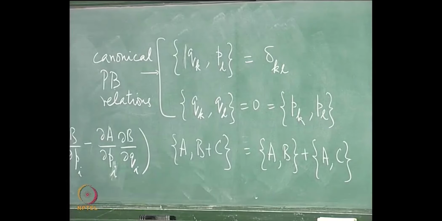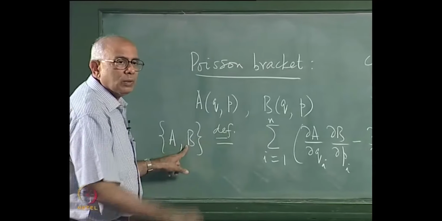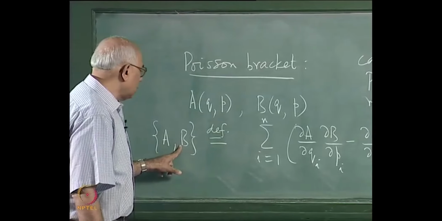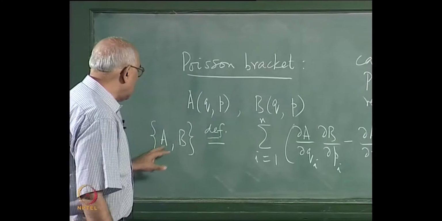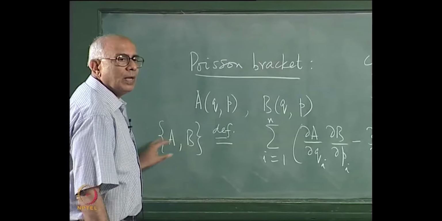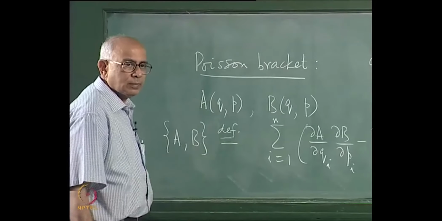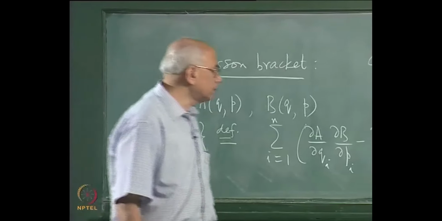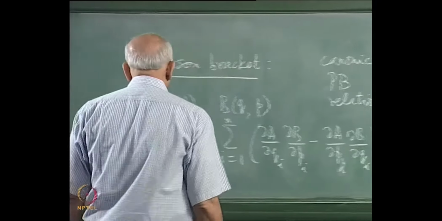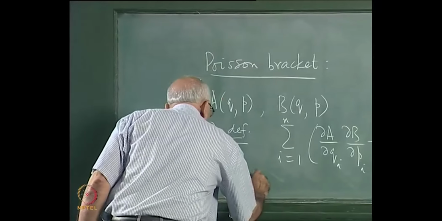If I multiply B by some constant which is independent of all the dynamical variables, then of course the constant comes out, and A with kB is equal to k times A with B, where k is some constant. And this quantity is also antisymmetric.